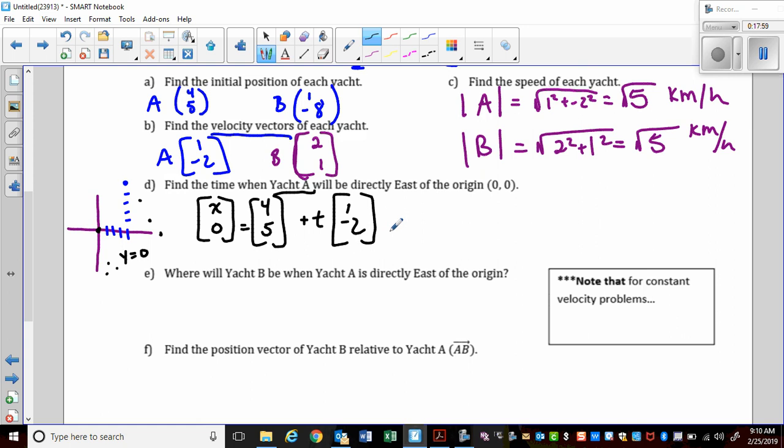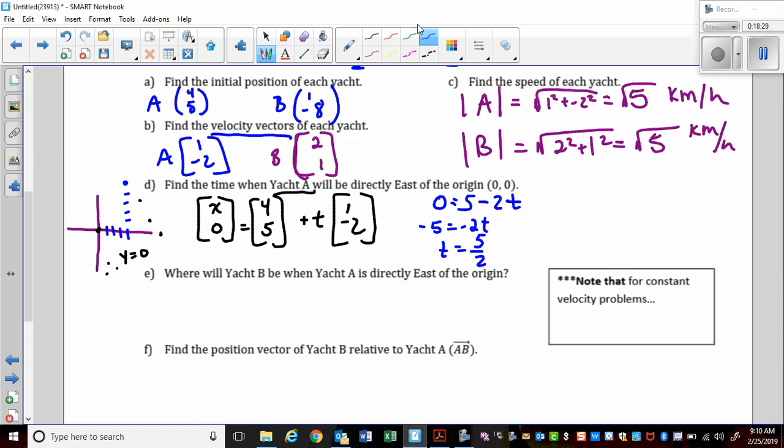What I'm going to do is solve for time. I'm going to use the bottom one: 0 equals 5 plus t times -2, so minus 2t. Then I just need to move this 5 over. So -5 equals -2t. Divide by -2. Time is 5 over 2.